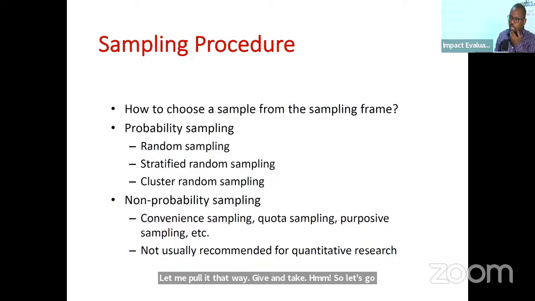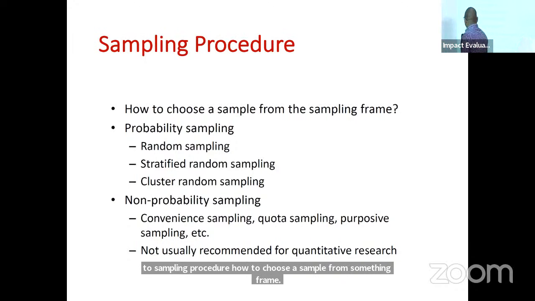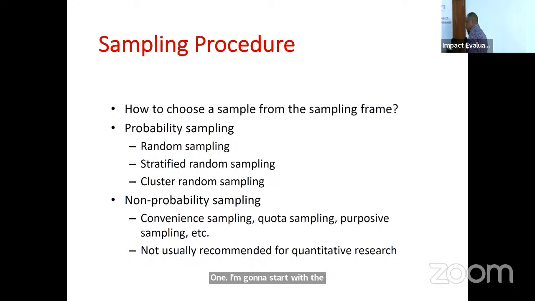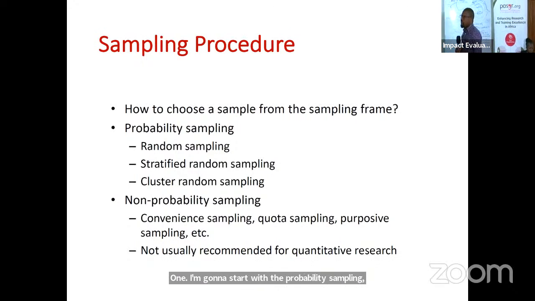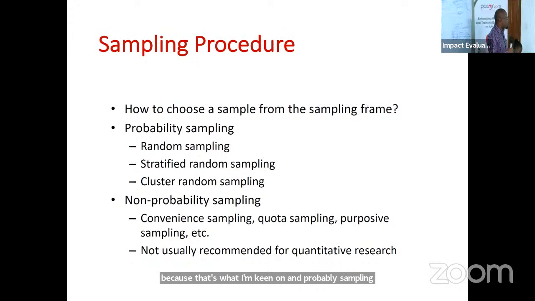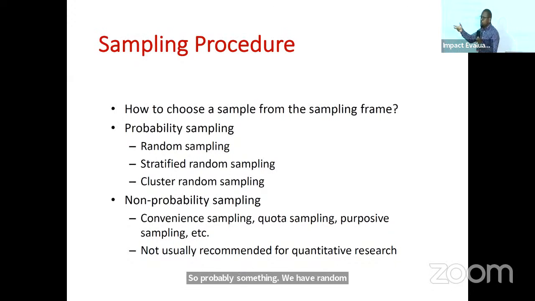So let's go to sampling procedure: how to choose a sample from the sampling frame. I'm going to start with probability sampling because that's what I'm keen on. Non-probability sampling is for qualitative people. If you're doing a qualitative survey, this is your thing. There are so many approaches. In probability sampling, we have simple random sampling, which we have talked about, where everyone has an equal chance of being selected.